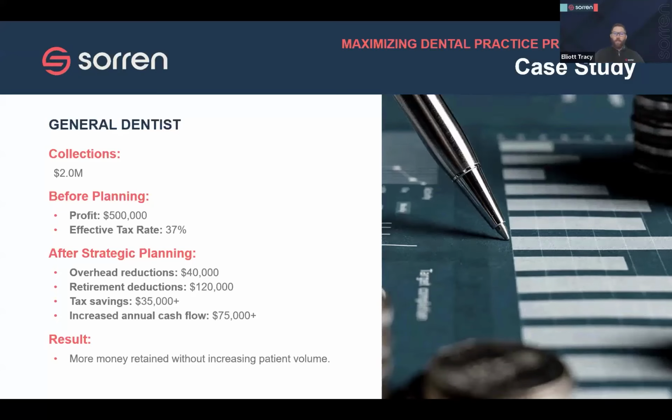The effective rate of those two changes is a $35,000 tax savings. So we've increased our annual cash flow by $75,000. And what this basically assumes is that $120,000 retirement plan deduction is going to yourself. So it's not necessarily gone. It's still there. It's just in a bucket that we're going to use later in life.